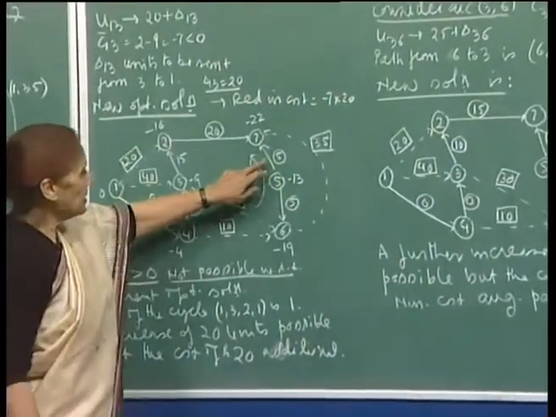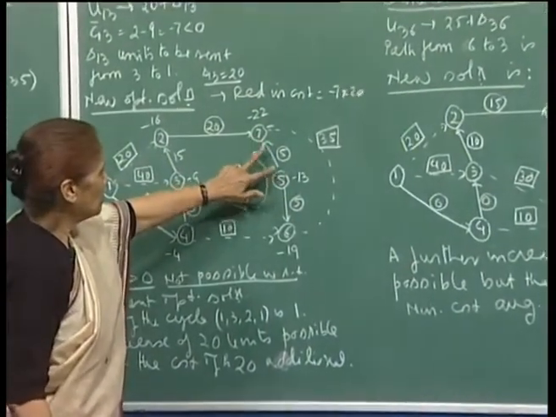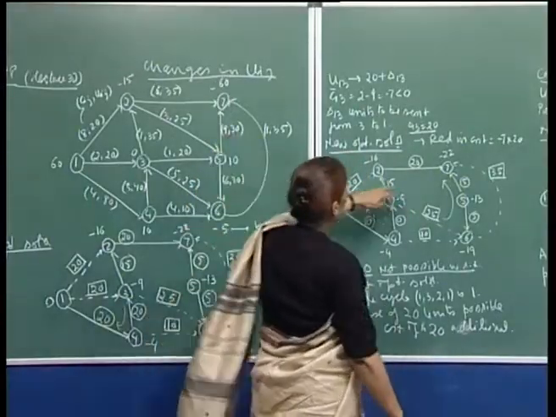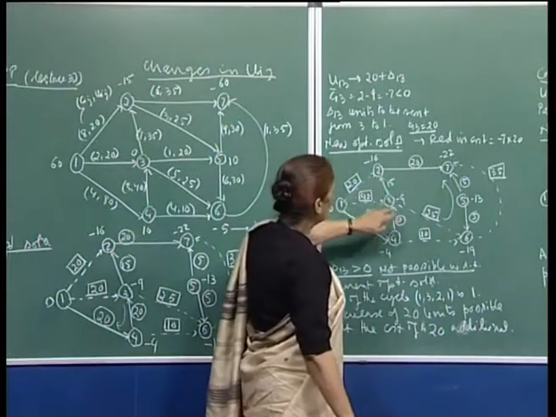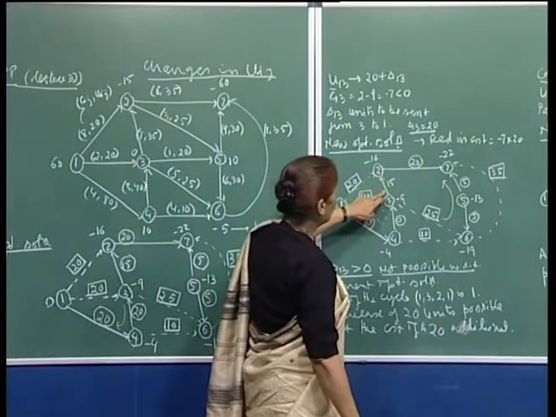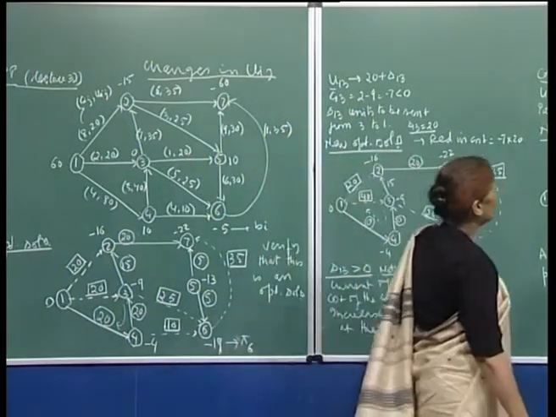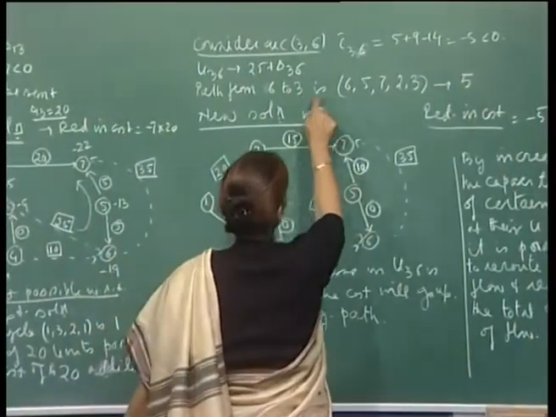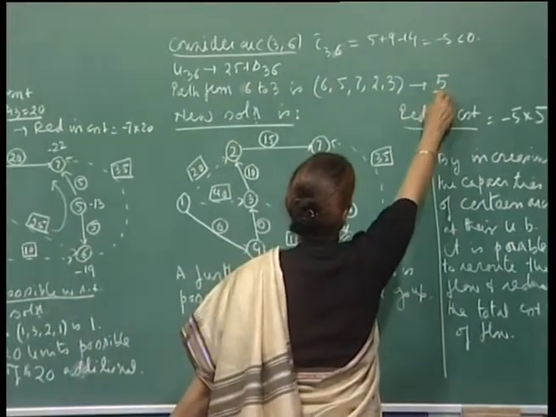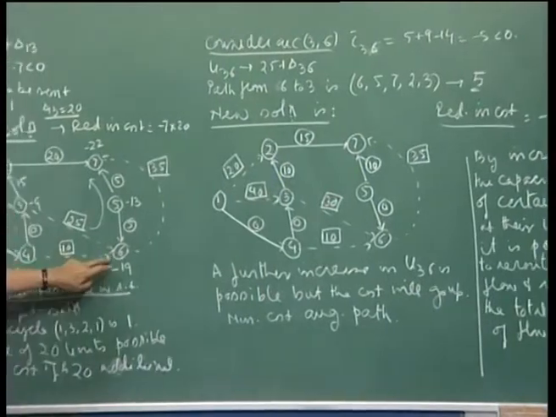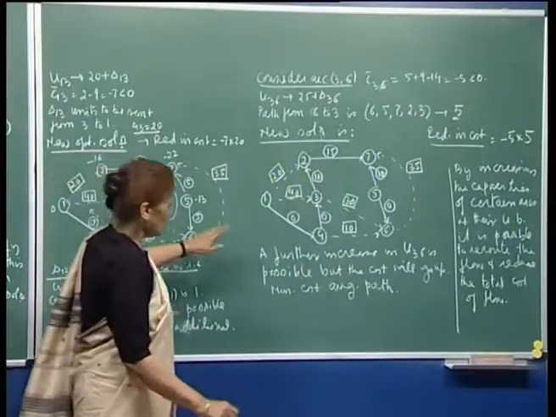So, 5, and then of course, here the capacity will allow you to have 5 more, because on 5 7 the capacity is 30, and similarly I can reduce the flow by 5 units here. So, therefore, my delta 36 can be path from 6 to 3 is this, and the capacity I am saying is 5.